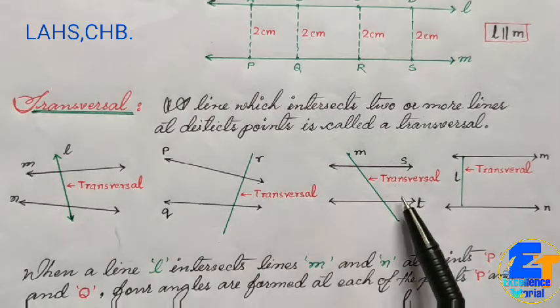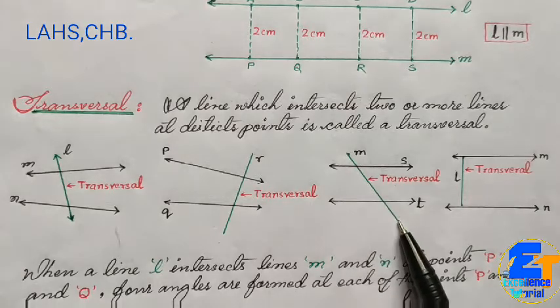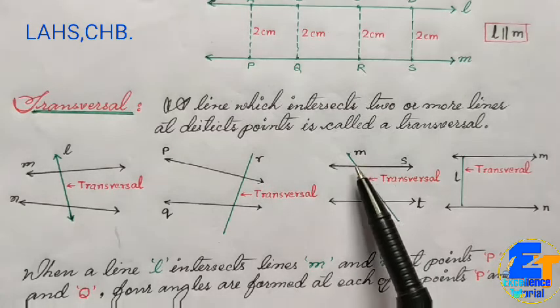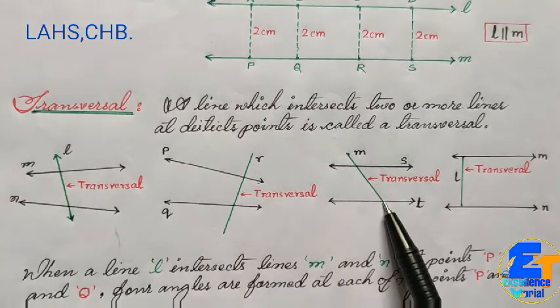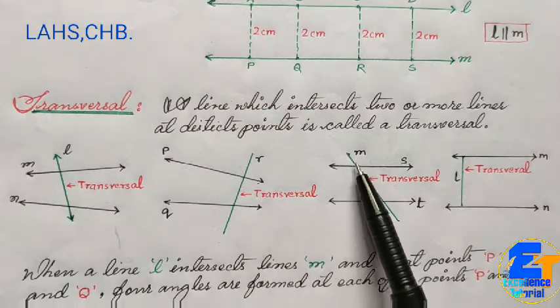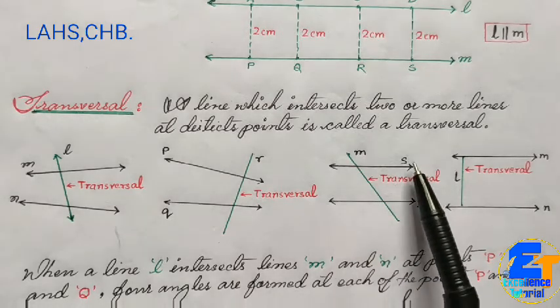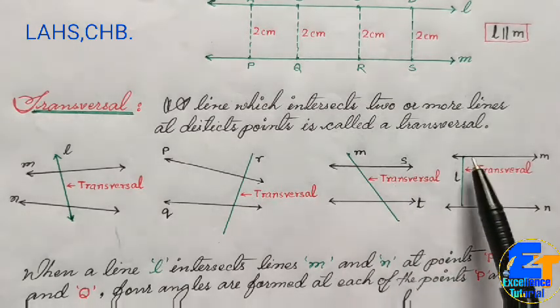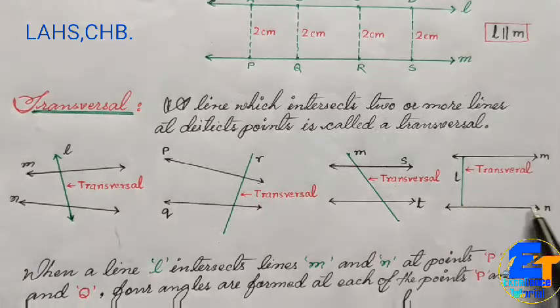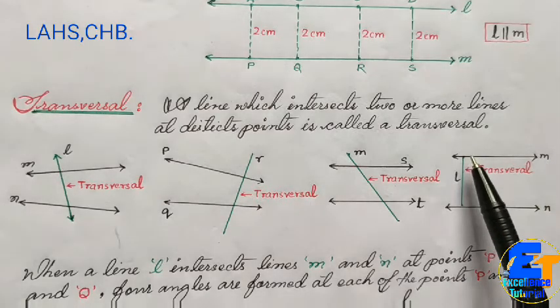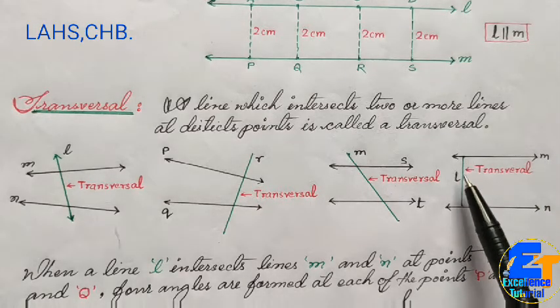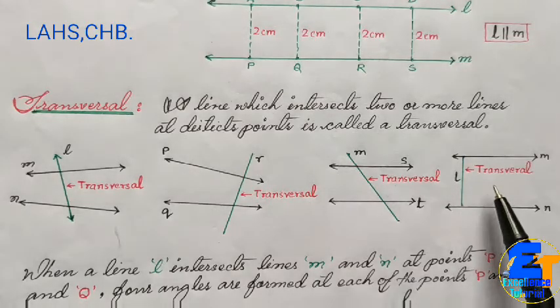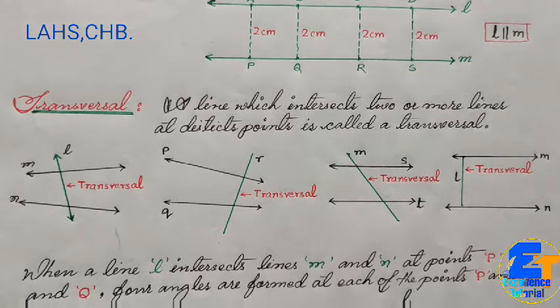So see, S and T are two parallel lines, and a third line M is intersecting these two parallel lines at this point and at this point. So we can say M is the transversal of lines S and T. In the same way, lines M and N have been intersected by a third line L. So we can say L is the transversal for this figure. Okay.